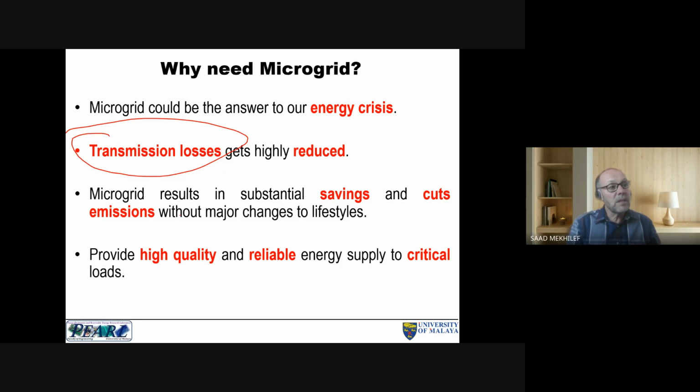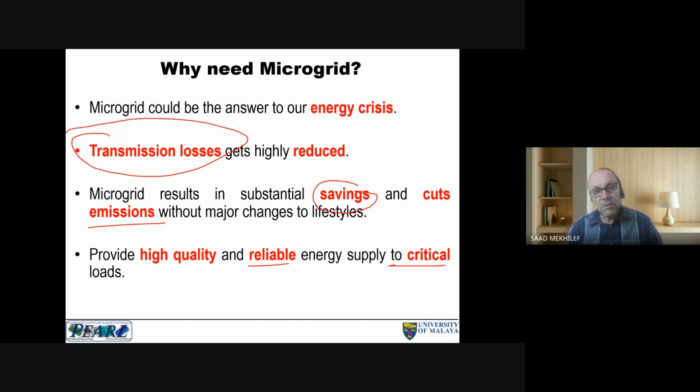These microgrids will result in substantial saving in terms of cutting the emissions, because as I say, we're using a lot of local resources, and that helps a lot, and provides a high quality and reliable energy supply for critical loads. This is very, very important. I'm not sure you know what critical loads mean, because we have loads, and we also have critical loads.